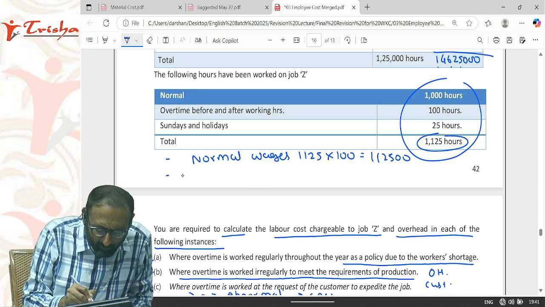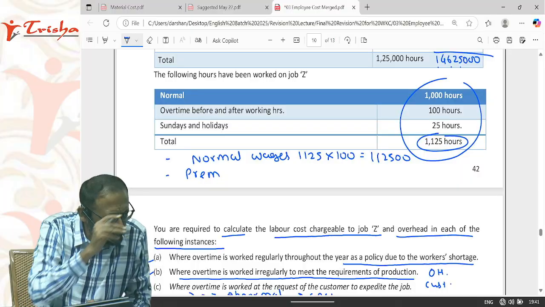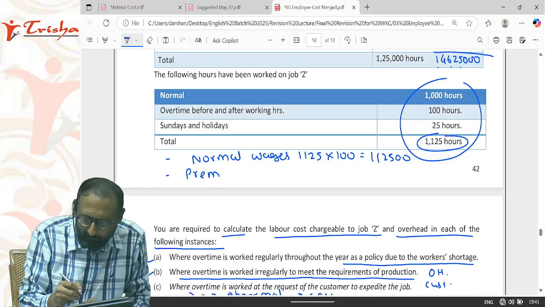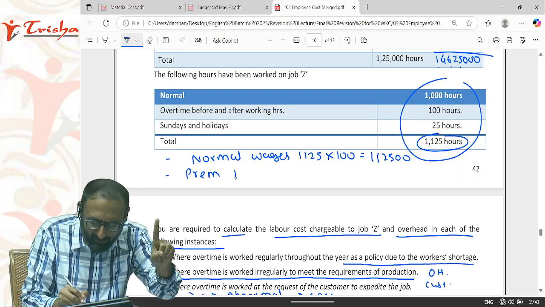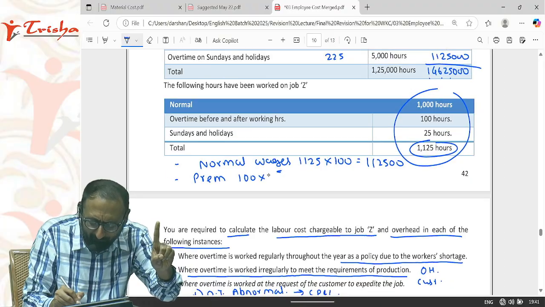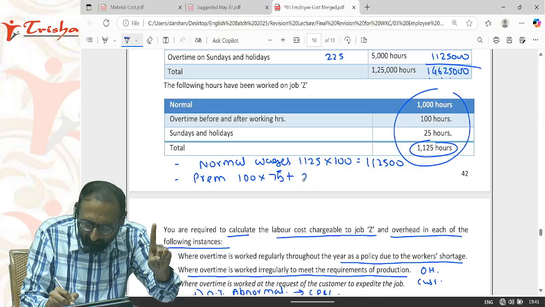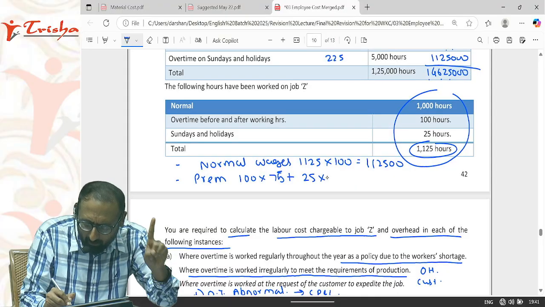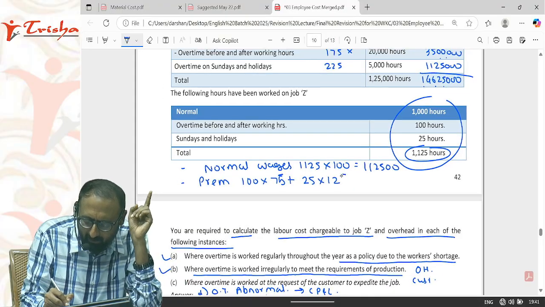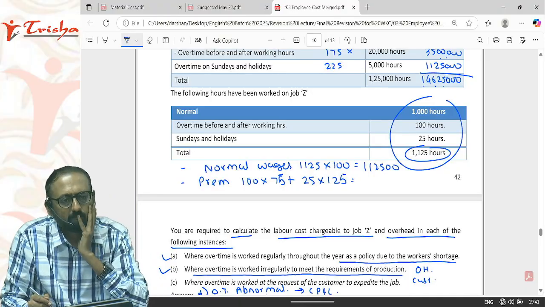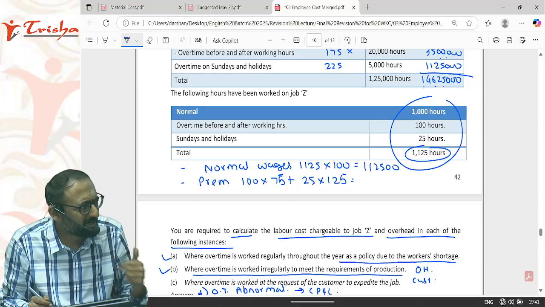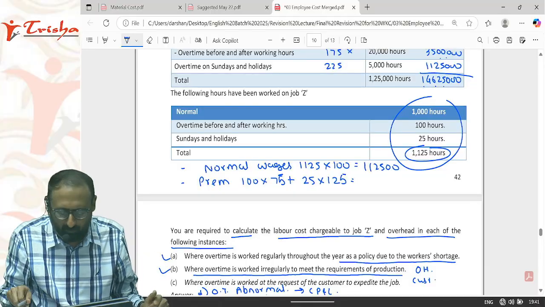Now please calculate how much is the premium applicable in job number Z. 100 multiplied by 75 plus 25 multiplied by 125. Don't calculate yet, first check whether I am right. What is 75?